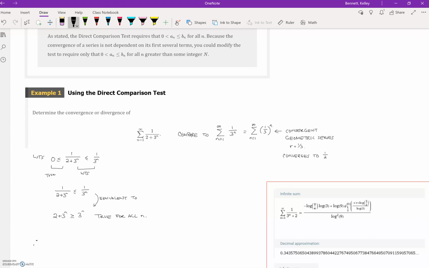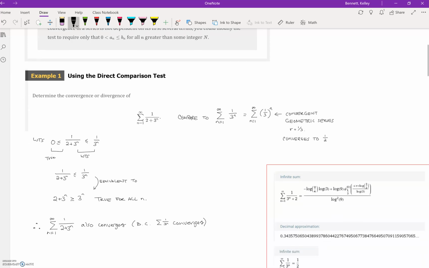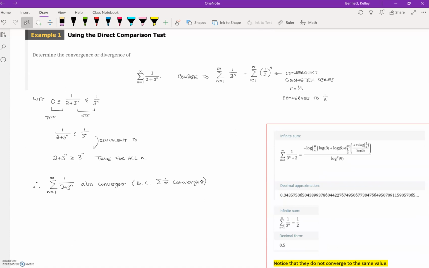So therefore, this also converges. I do want you to notice, though, that just because they both converge, it doesn't mean that they converge to the same value.